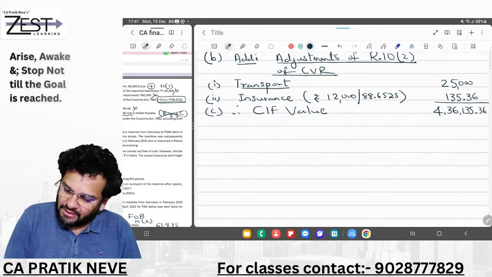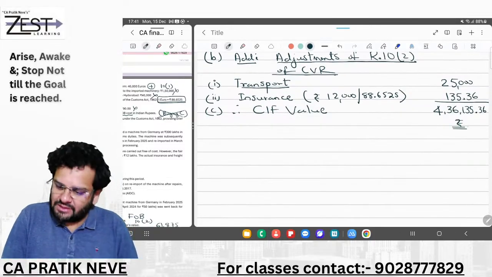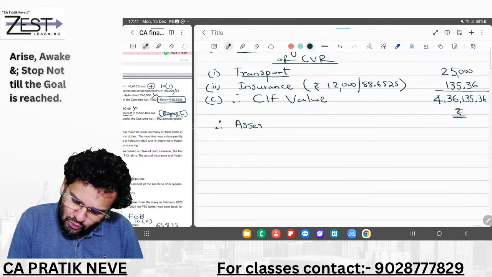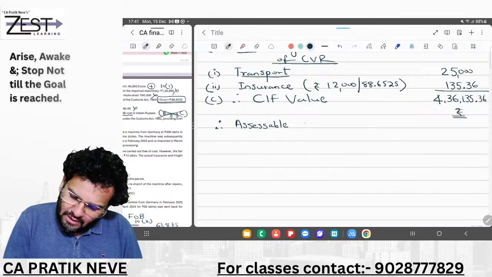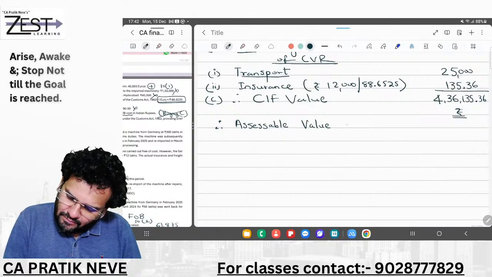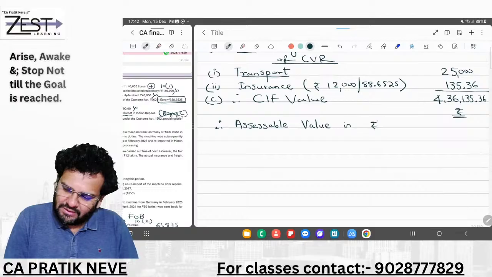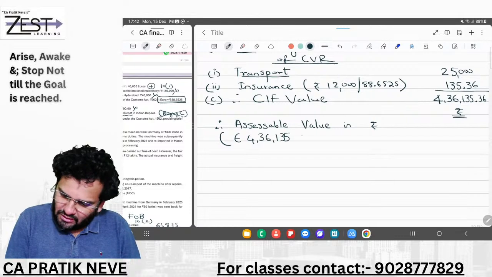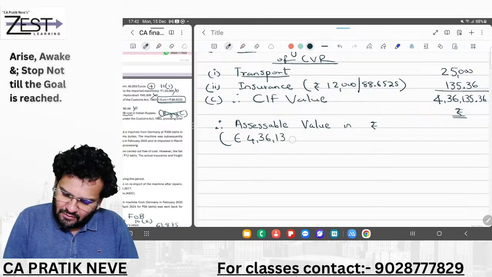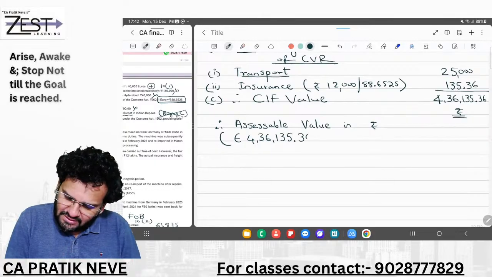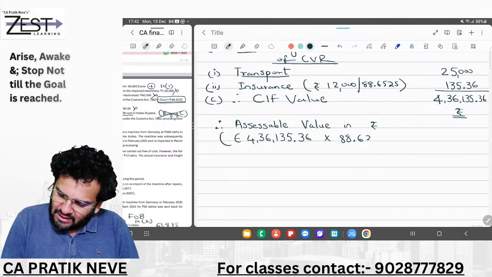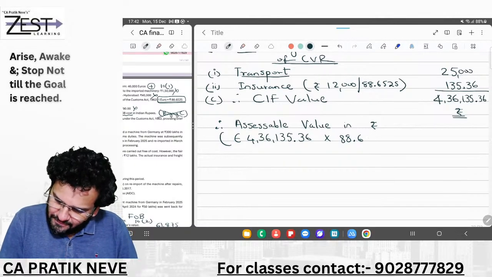Now friends, please calculate in rupee terms. So therefore, assessable value in rupees. How to calculate in rupees? It is euros 4,36,135.36 into 88.6525.